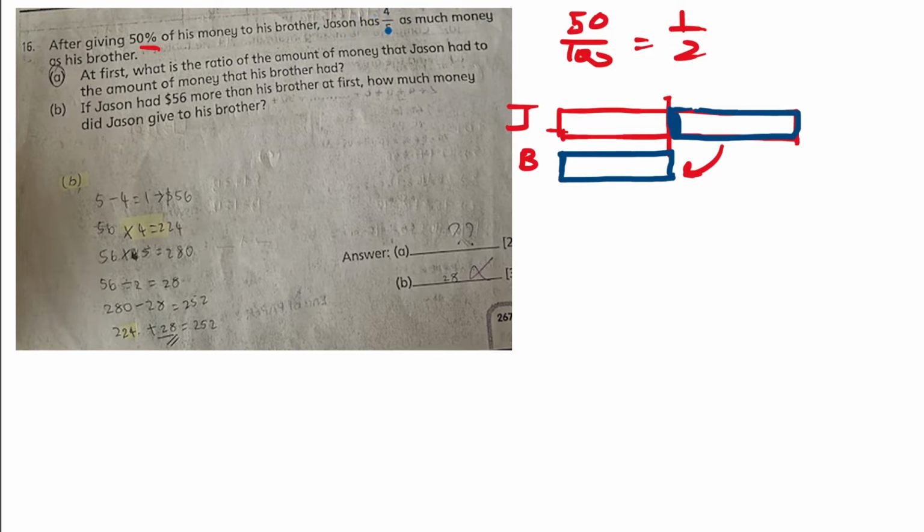That means when you see this one has as much as his brother, the number on top belongs to Jason and the number below belongs to his brother. So Jason has 4. But then the brother has 5, right?